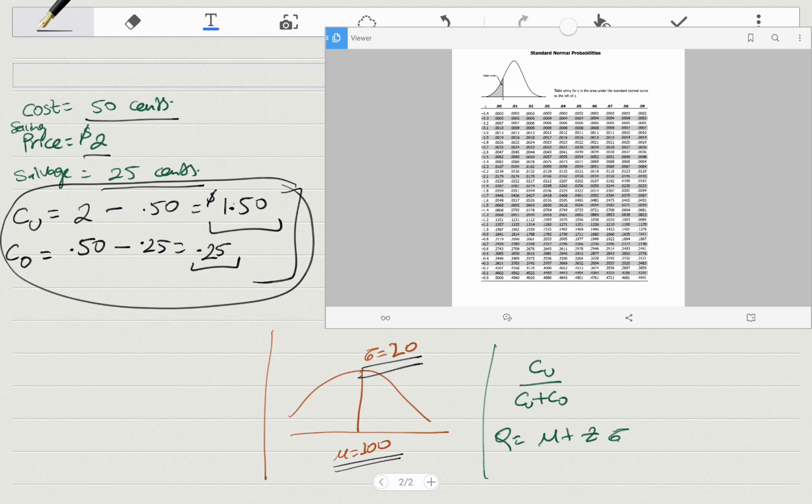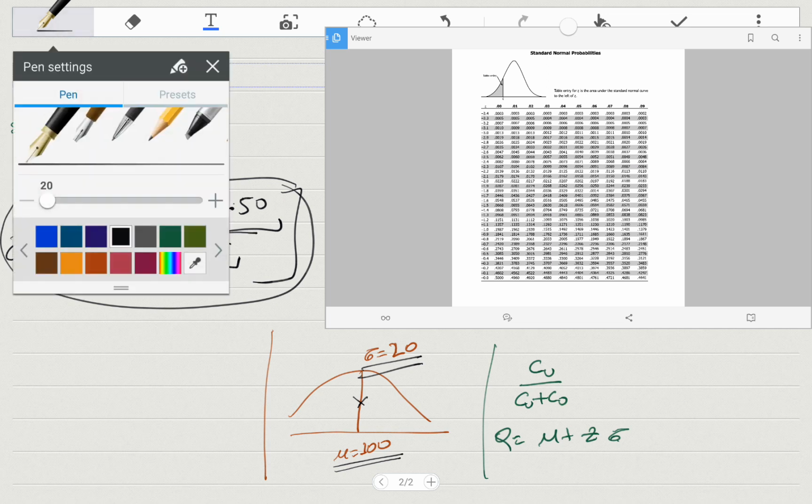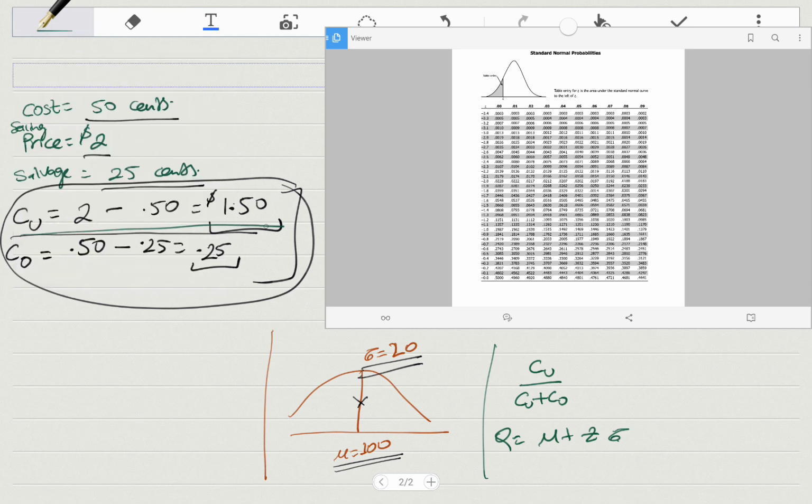But that's not fair, because the mean is the middle value. If you order one less, you lose $1.50, but if you order one more and you're wrong on the more side, it only costs you 25 cents.